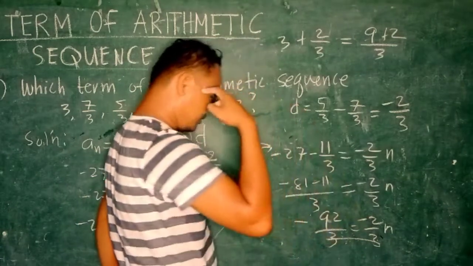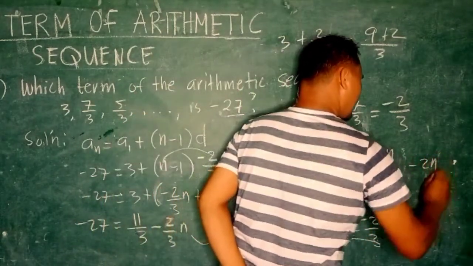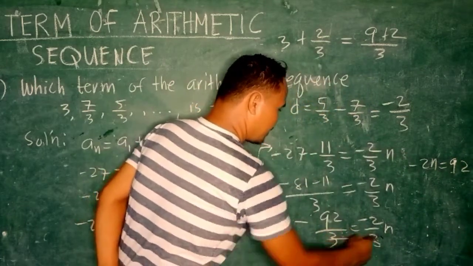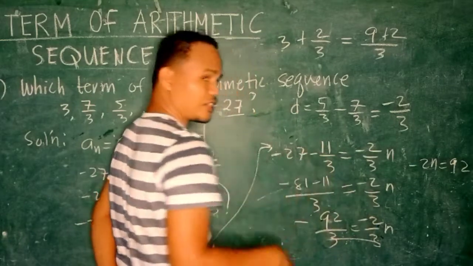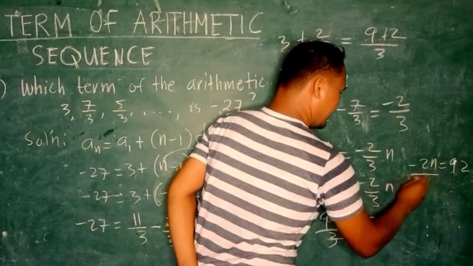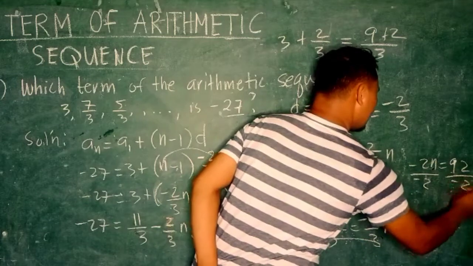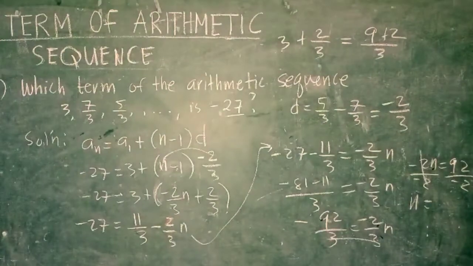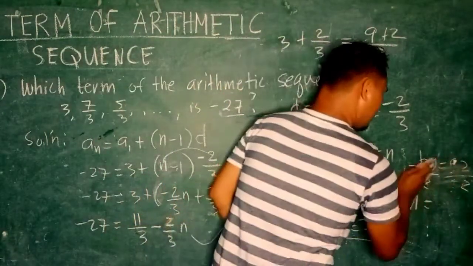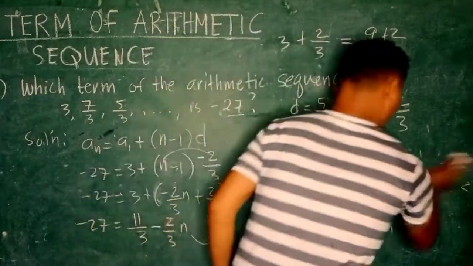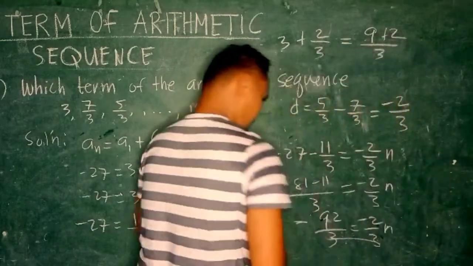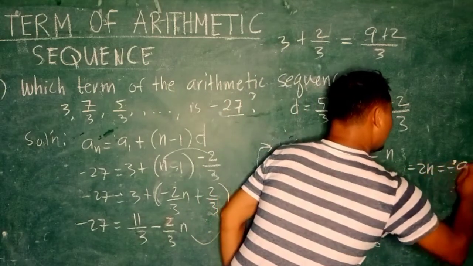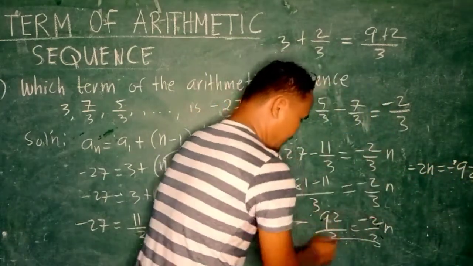So negative 2n equals negative 92. Kaya sila ito equal kay pareha naman ng denominator.